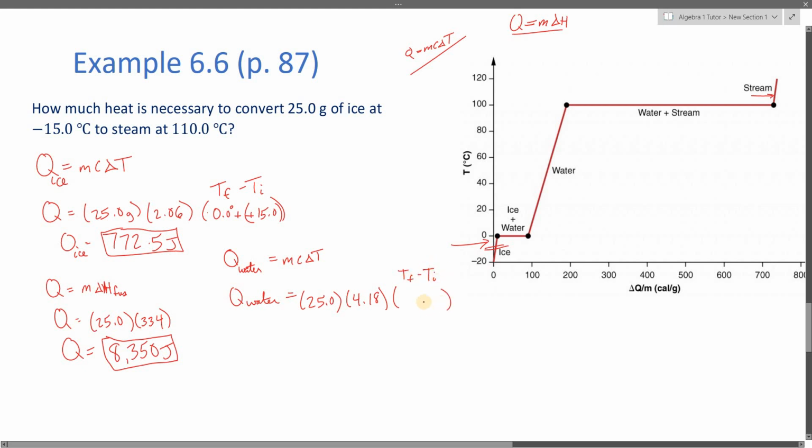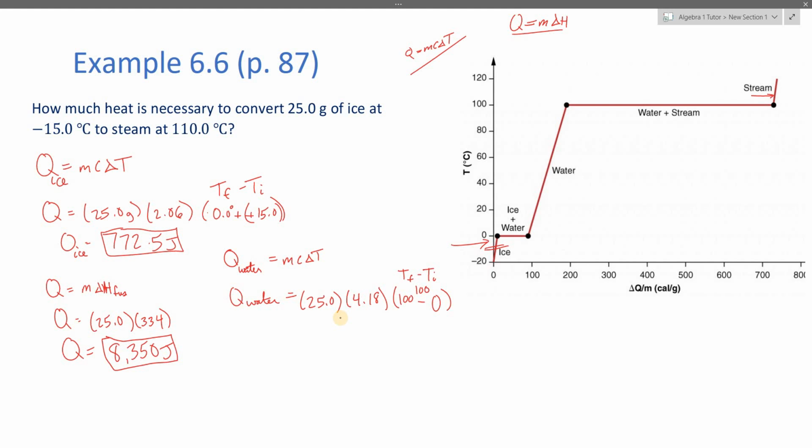It initially is 0 because it just became water. And at the end, it'll be 100, because it will boil at that point. So we'll just call this whole value 100. Then we simply take 100 times 4.18, which gives me 418, times 25, and we'll get this value.